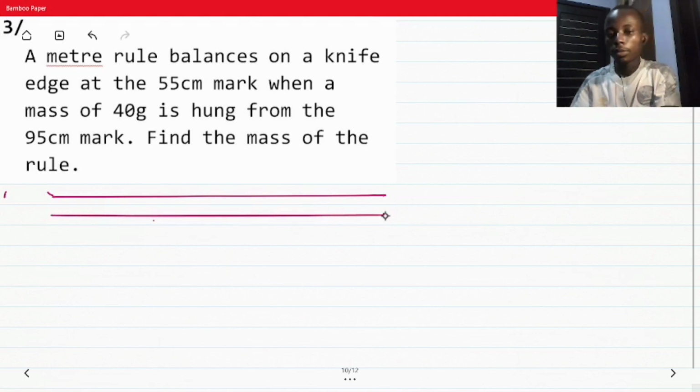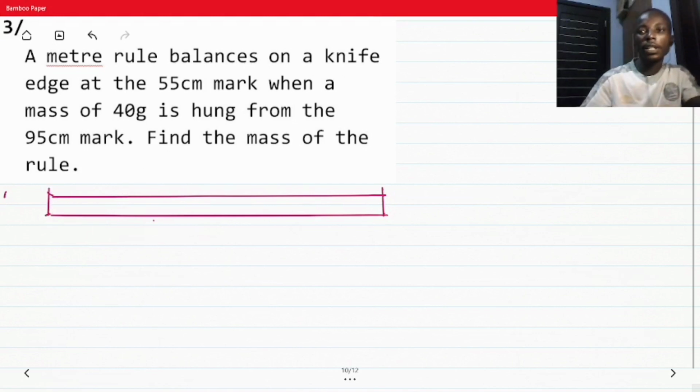Okay, so I'll take this up and I'll take this up. So I have managed to draw my meter rule.